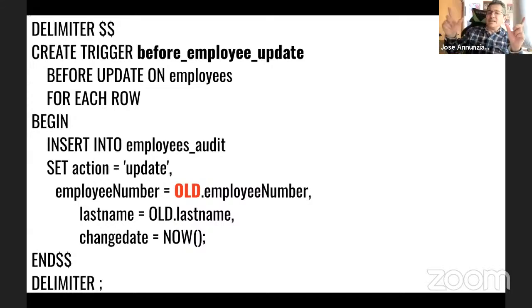I can see the values that you're trying to put in there, and I can take a look at that by using this keyword OLD. So OLD gives me the record that you're trying to insert.